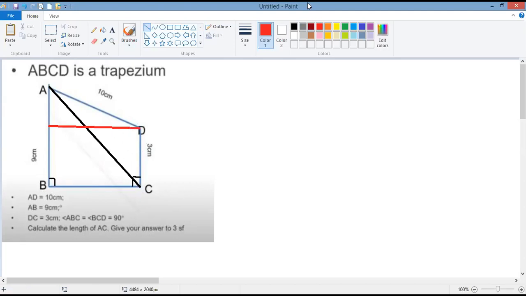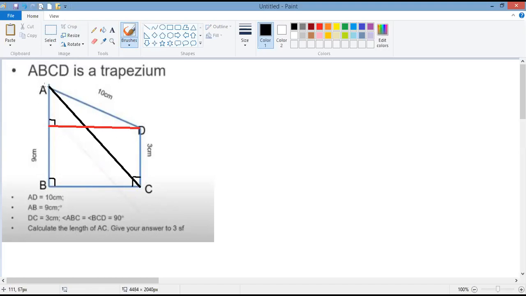Since I draw like this, we need some drawing for this question. So here is also a right angle, right? Since the red color line has the same length as BC, you found this length.